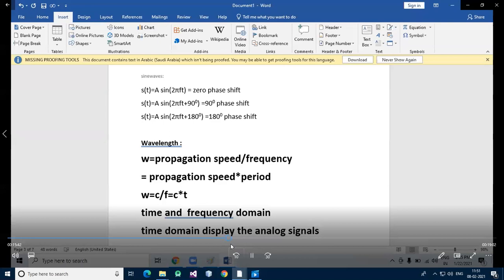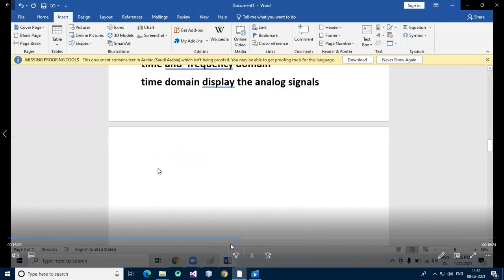That means on the x-axis we plot the time t and on the y-axis the magnitude. The time domain display tells us about the shape of the signal, its frequency, and the type of the signal, periodic or non-periodic. We have discussed periodic and non-periodic in my previous lecture, right? One cycle period. So the time domain is used to express some points like the shape of the signal.